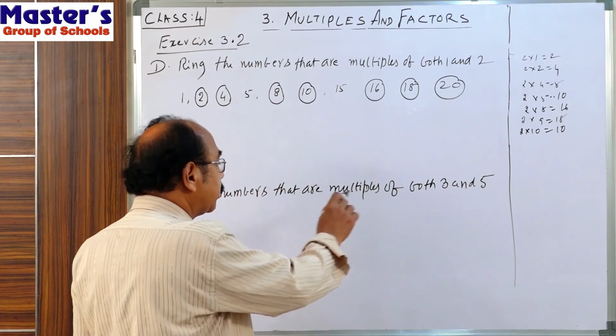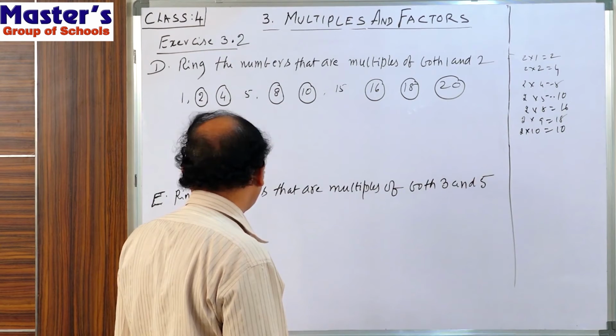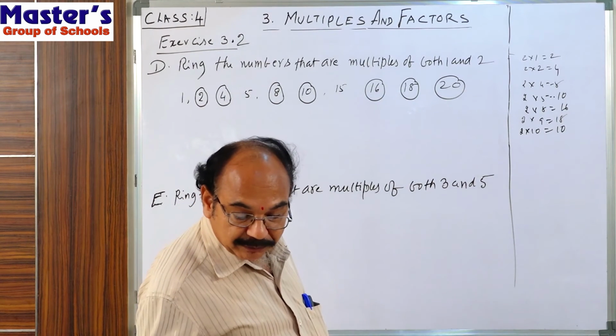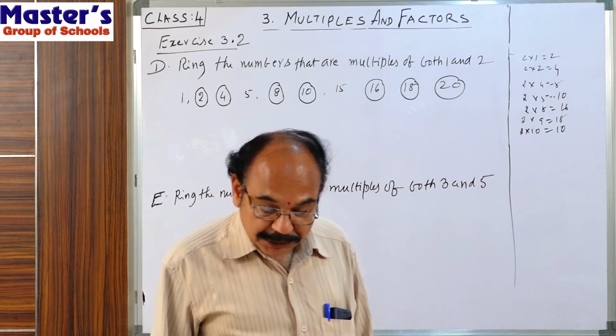Next, ring the numbers that are multiples of both 3 and 5. Both 3 and 5. Here some numbers are mentioned.